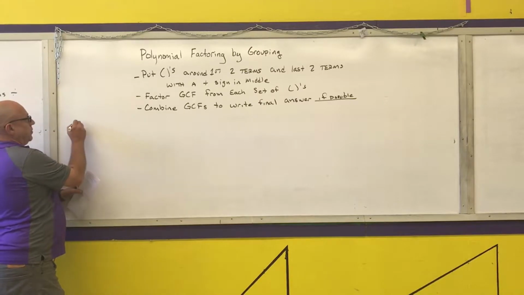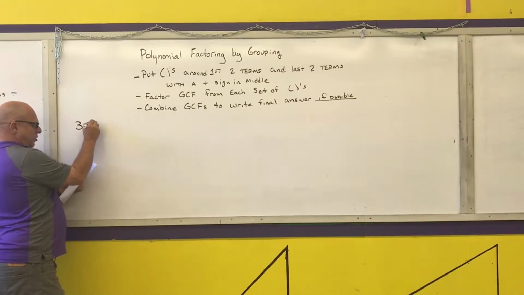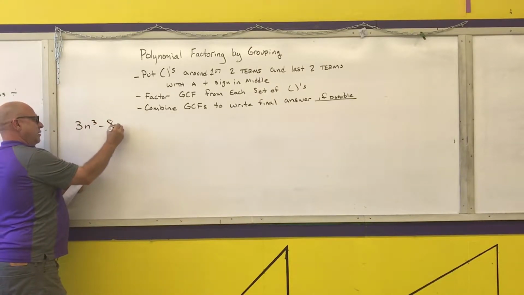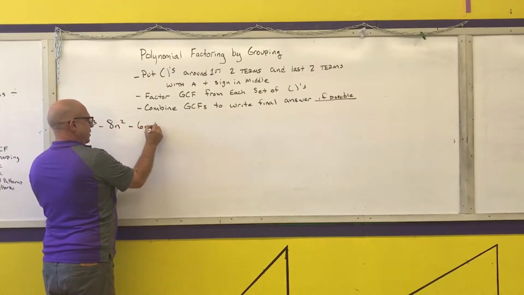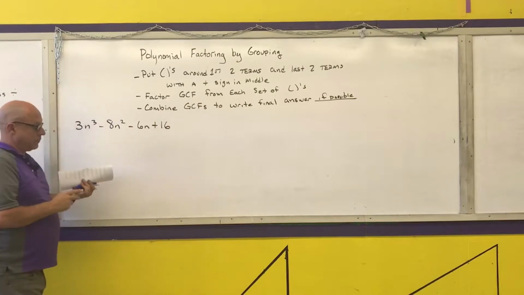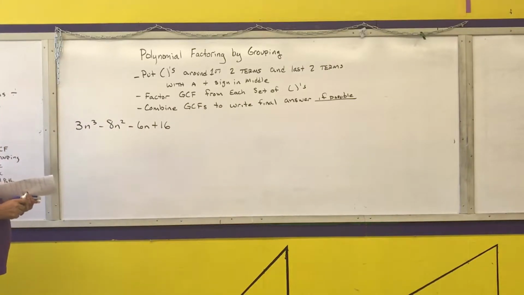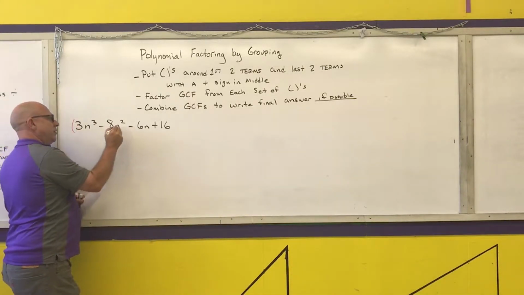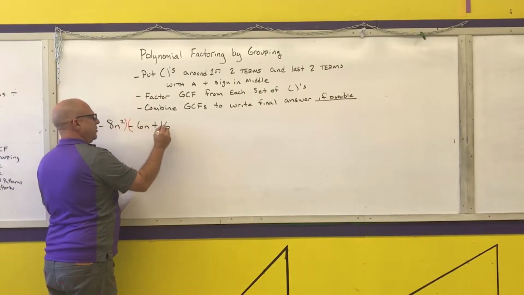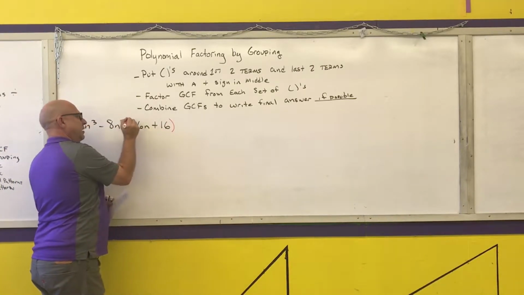First one, 3n cubed minus 8n squared minus 6n plus 16. So step 1 says to put parentheses around the first 2 terms, parentheses around the last 2 terms, with a plus sign in the middle.